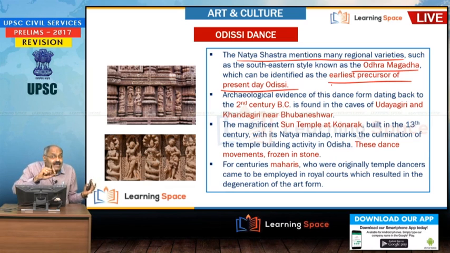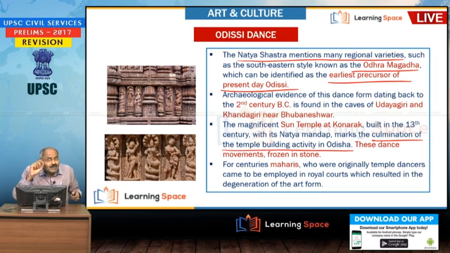Udayagiri and Kandagiri caves are of 2nd century BC and they are near Bhubaneswar in Odisha. Another important aspect is the magnificent Sun Temple of Konark, of 13th century AD, with its Natya Mandap, which marks the culmination of the temple building activity in Odisha.